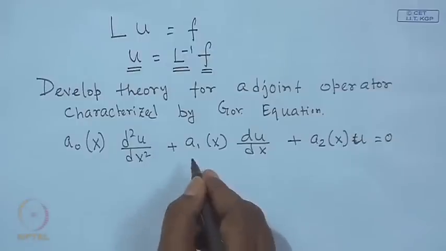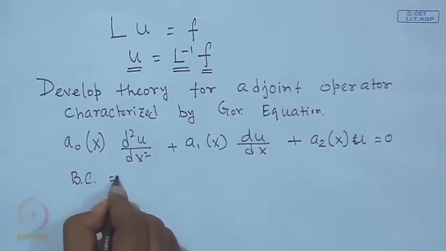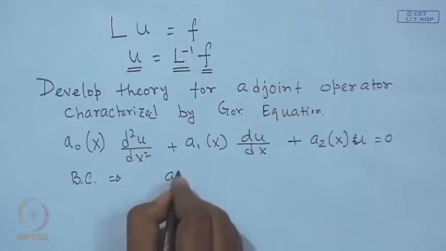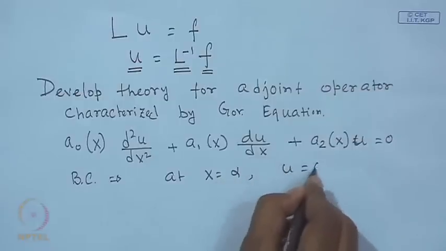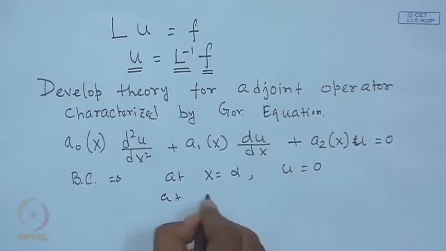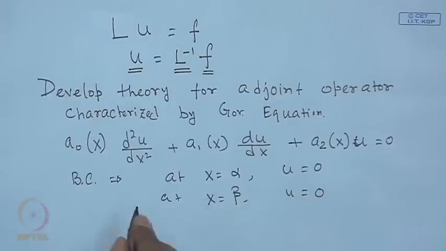If this is the equation, subject to the boundary conditions that at x = alpha, u = 0, and at x = beta, u = 0, these are homogeneous boundary conditions and a homogeneous equation.